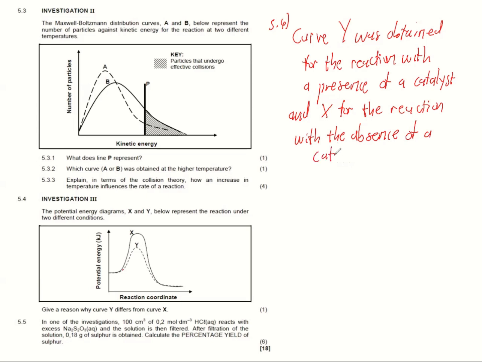So one was obtained at the presence of a catalyst and another was obtained at the absence of a catalyst.